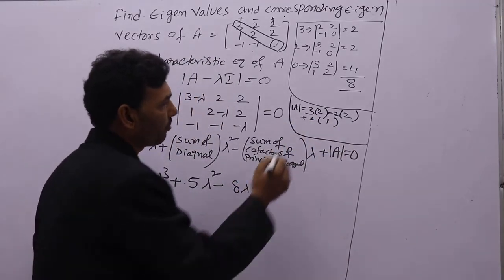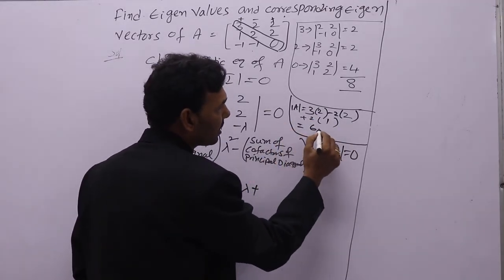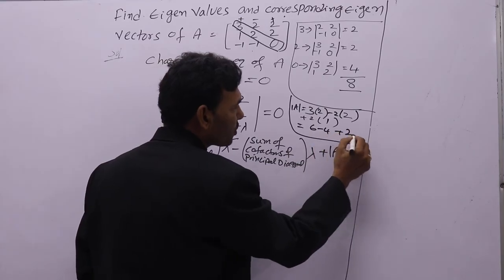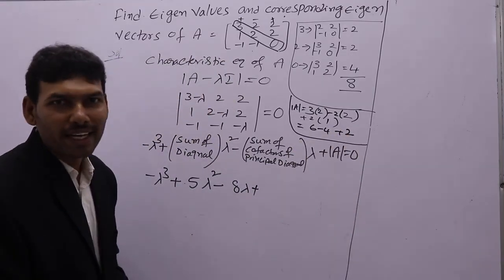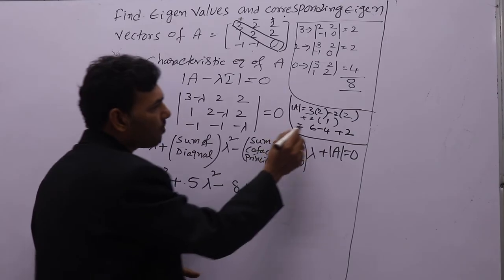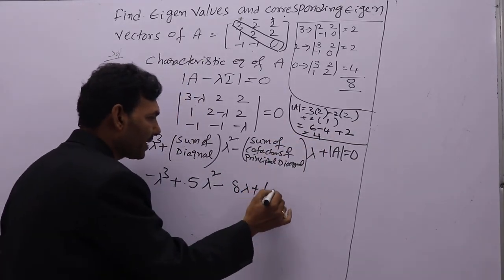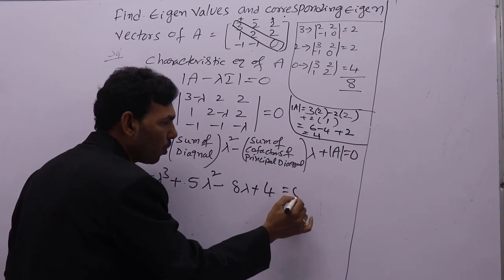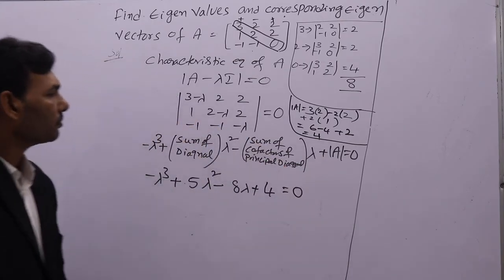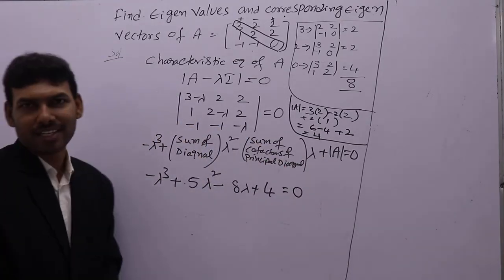Now simplify: 3 2s are 6, minus 4, plus 2. 6 plus 2 is 8, 8 minus 4 is 4. So det A is 4. So this is the characteristic equation.